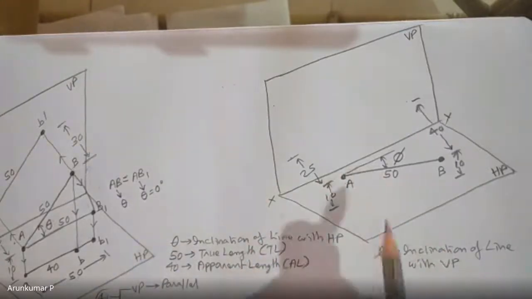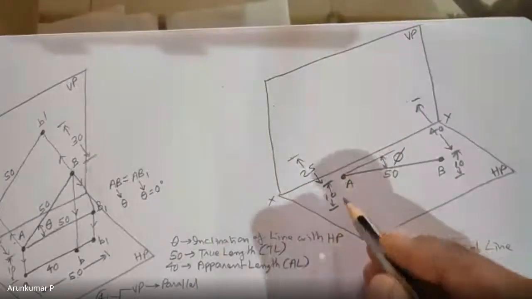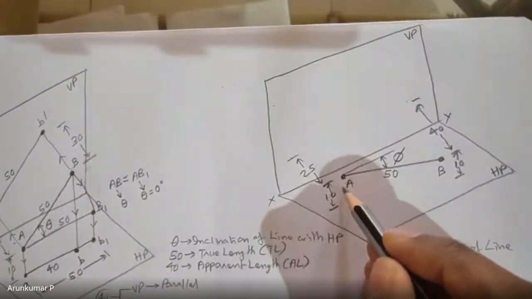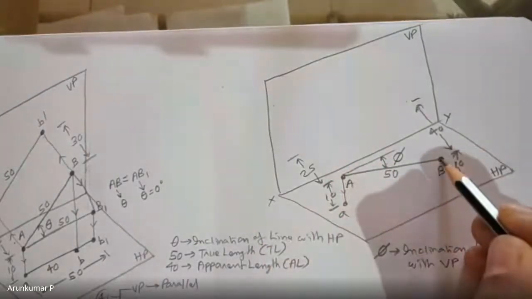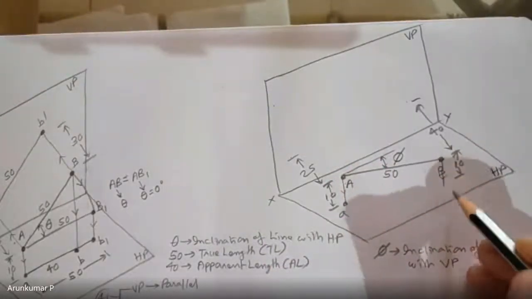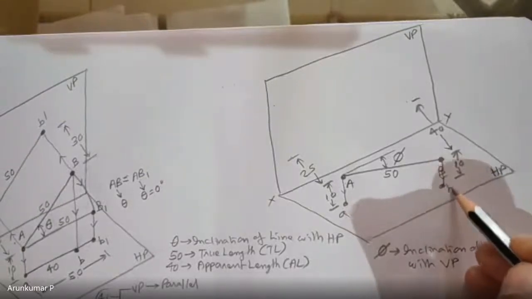Now tell me, this line AB, is it parallel to any plane? If so, which plane? HP. Exactly. It is parallel to HP. So in the top view, this is small a. In the top view, this is small b.